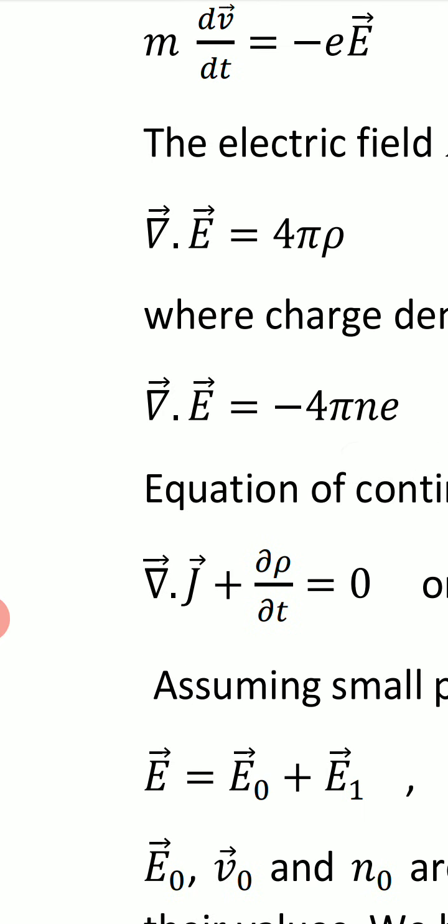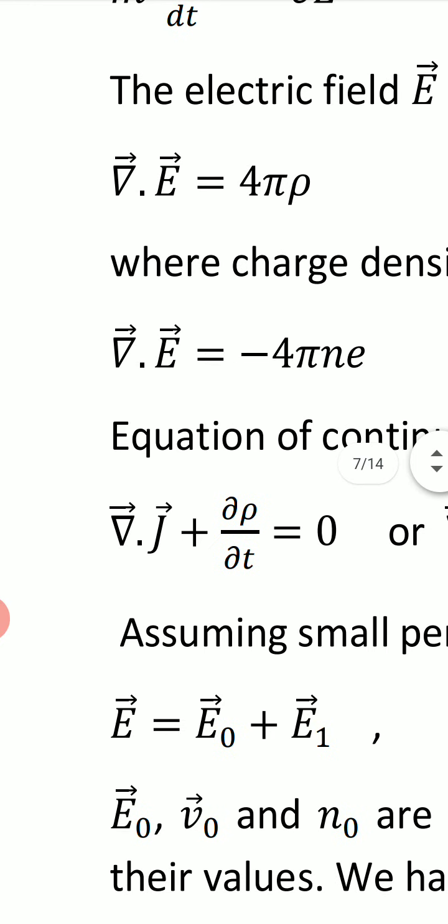From Maxwell's equations, the first Maxwell equation gives this relation: del dot E equal to 4 pi rho. There is another form of this Maxwell equation, that is del dot E equal to rho upon epsilon 0. But we write this form here, del dot E equal to 4 pi rho.